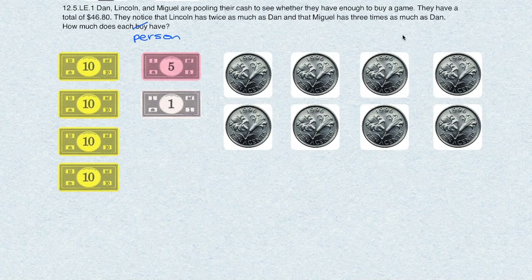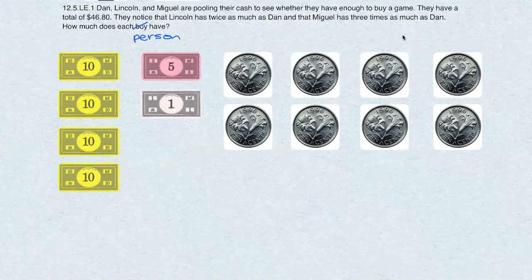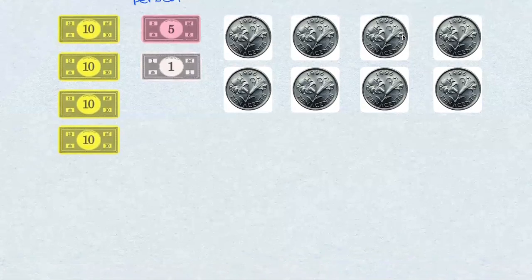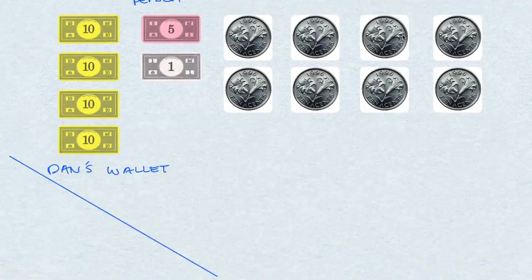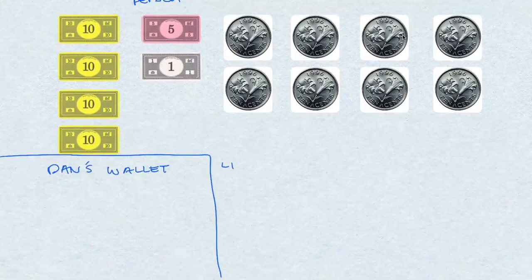I like to work this out in my mind by visualizing each person's wallet. So, why don't we draw a visual of a wallet? Here's Dan's wallet. And then we have Lincoln's wallet.